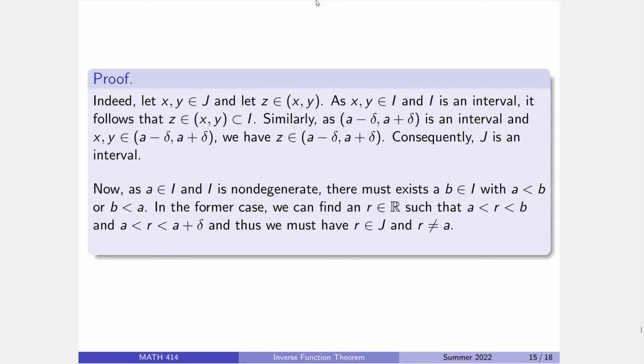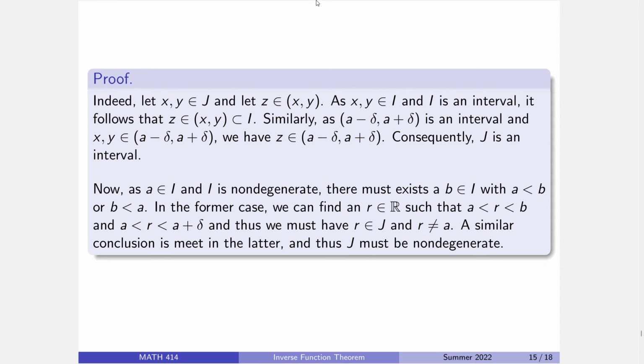That guarantees, since J is an interval, that r is in J, and r is not equal to a, so there you go. And likewise, the same thing is met in the other case, where we find r to the left of a instead of to the right, and instead of a plus delta, it'll be a minus delta. And that guarantees the non-degeneracy that we're looking for.